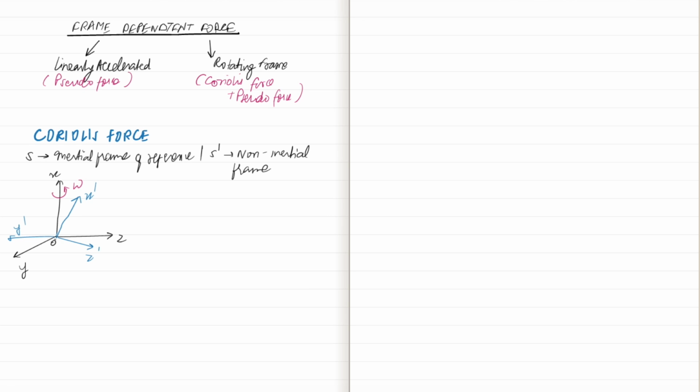Now since we have taken the origin as same, suppose we have a point here, an object position. So the vector from origin to object, this is the r vector.